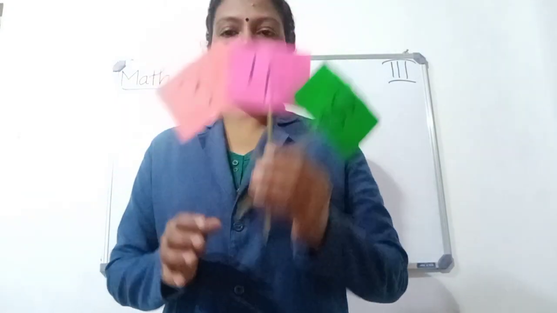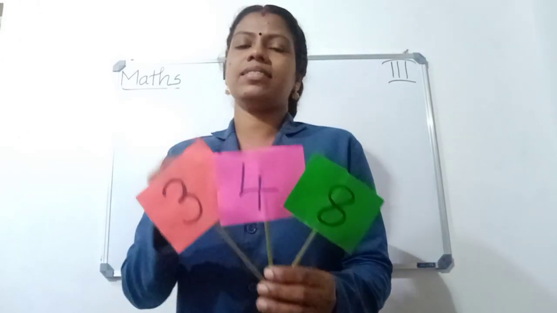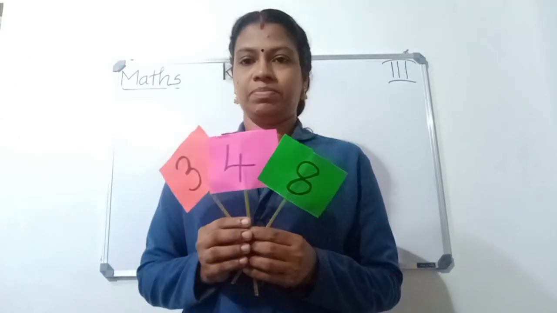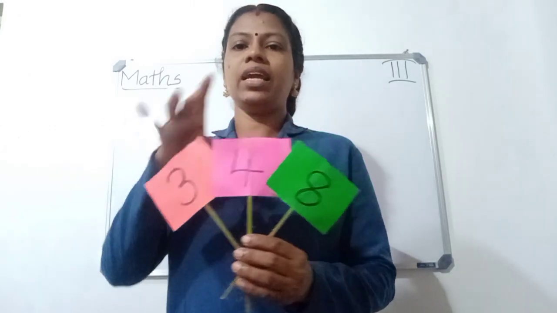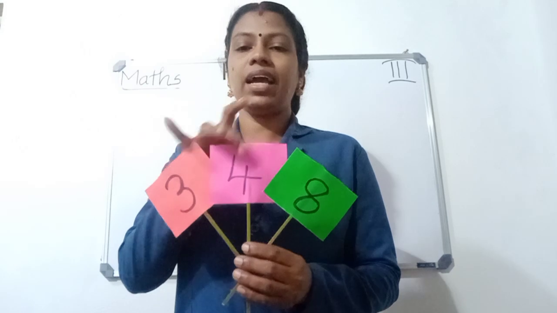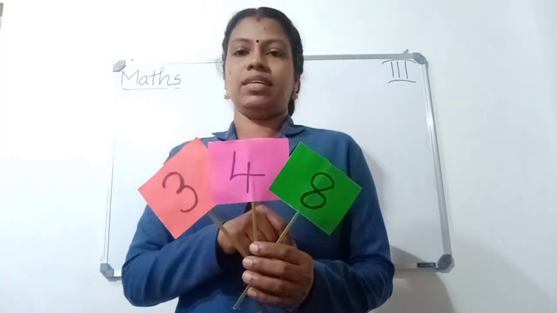Can you say any 3-digit number using these 3 digits? Yes, 3, 4, 8. What's the number? 348 is one of the numbers using 3, 4, 8.